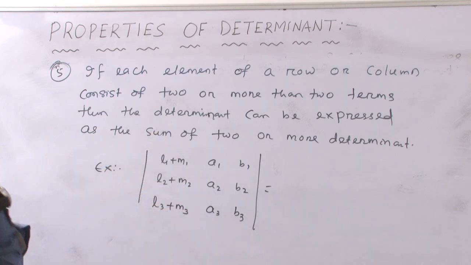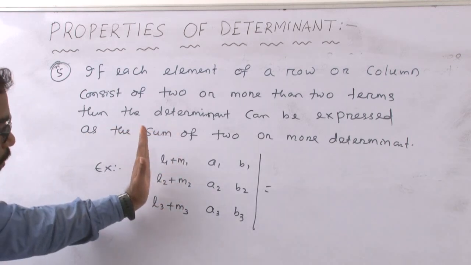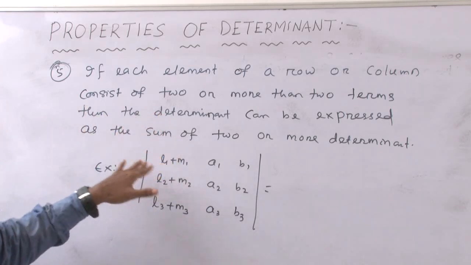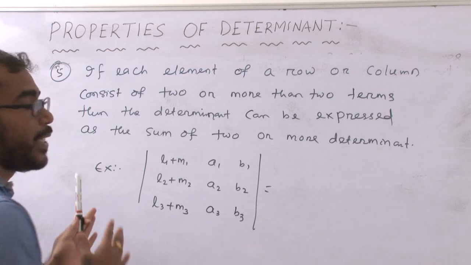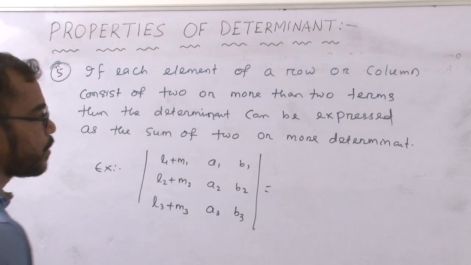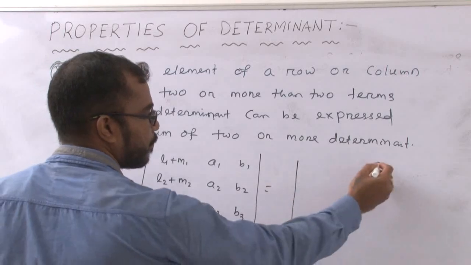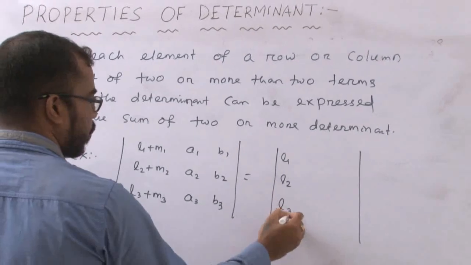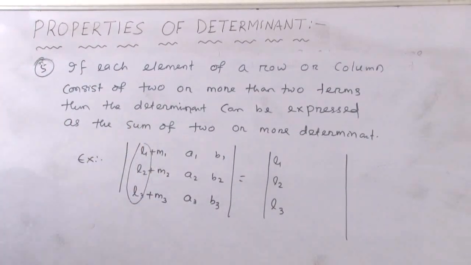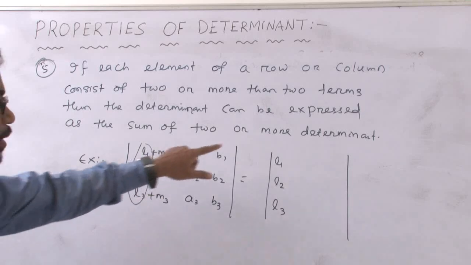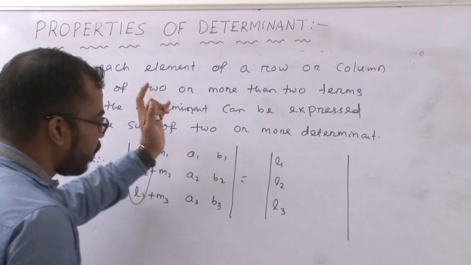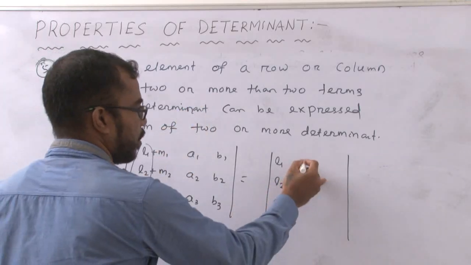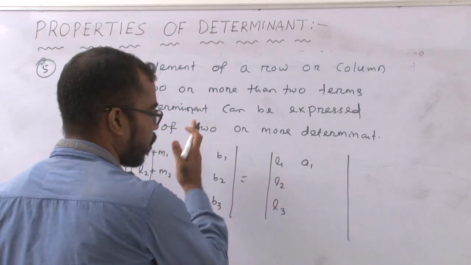In column 1, you can see the addition of 2 elements here. So it can be expressed as a sum of determinants. That means we can write L1, L2, L3. So here the first elements are L1, L2, L3, and column 2 and column 3 are normal. That means we cannot break column 2 and column 3.